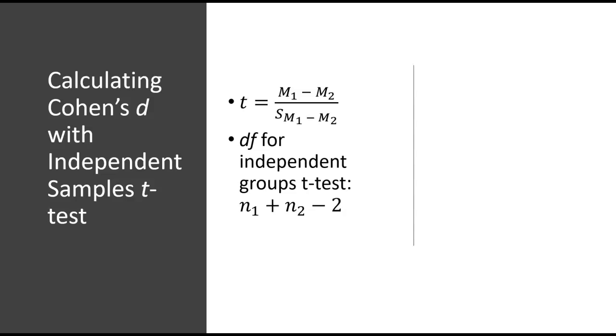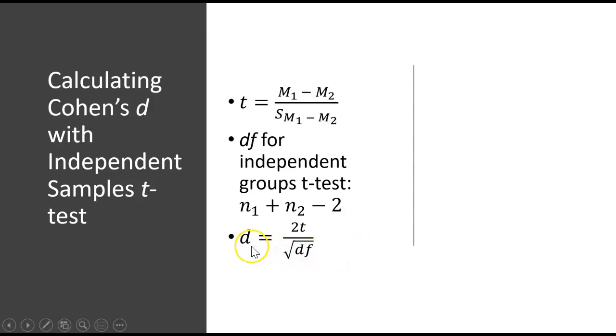The degrees of freedom, and we haven't talked much about degrees of freedom in this class because it's not a statistics course, but these statistics are dependent on understanding what the degrees of freedom are. You have the number of subjects in group 1, the number of subjects in group 2, and how many groups are there? There are 2, so the total n minus 2 is your degrees of freedom.